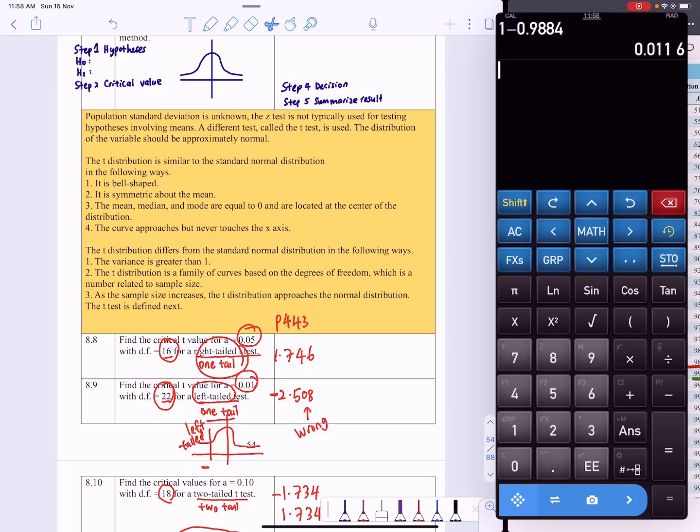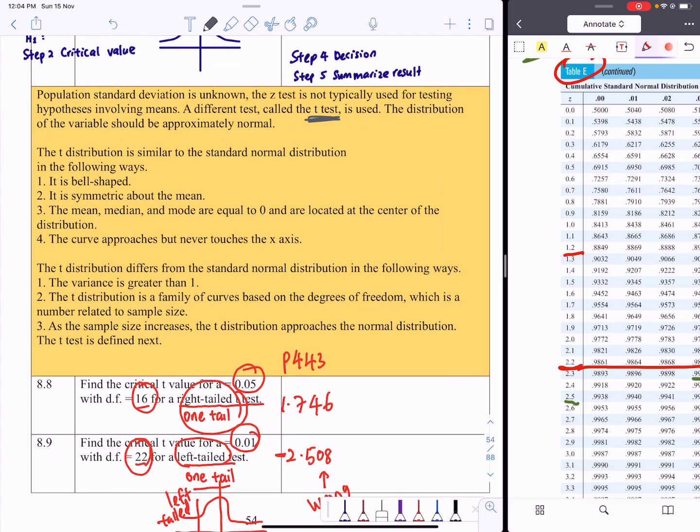Next we have the t test. The t distribution is similar to the standard normal distribution. It is bell shaped, symmetrical about the mean, with mean and median equal to 0, located at the center of the distribution. The curve approaches but never touches the axis. The variance is greater than 1.